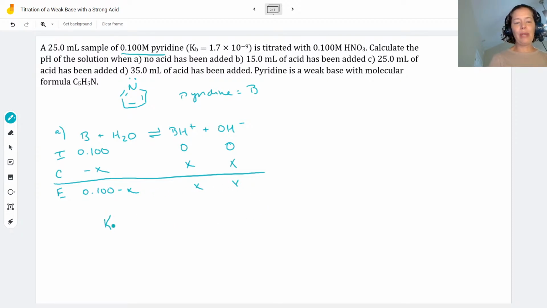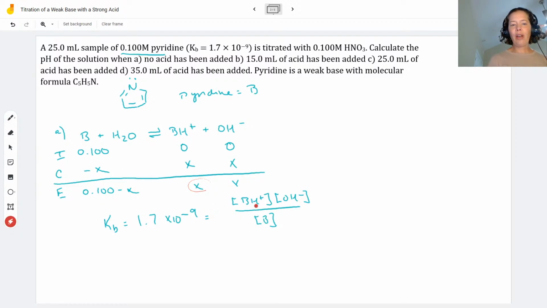All right, so our KB, of course, is our 1.7 times 10 to the negative ninth. And your equilibrium constant is always going to be products over reactants. So I'm just writing my products over the concentration of my reactants. There we go. And now I'm going to plug in each of these, and that really looks like a Y over there in these places.